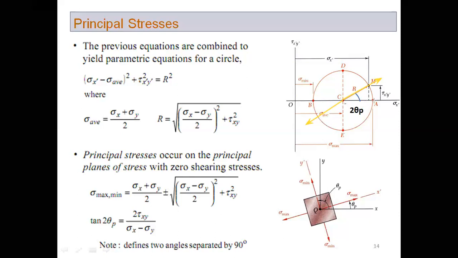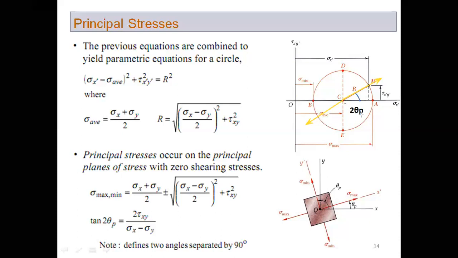So one of the principal planes is passing through this point. So this is one of the principal axes. And that principal axis is making this angle, and here we denote this angle by 2 theta p. P stands for principal axis or principal plane.